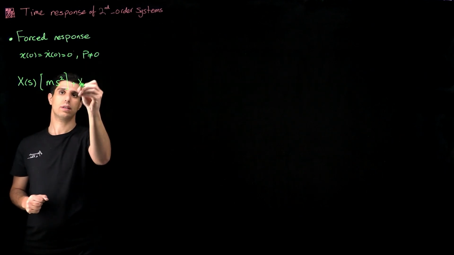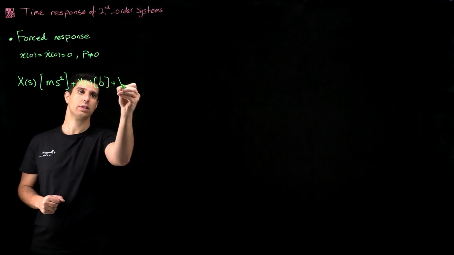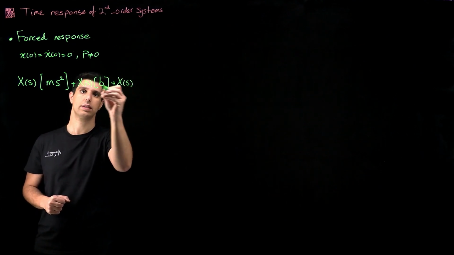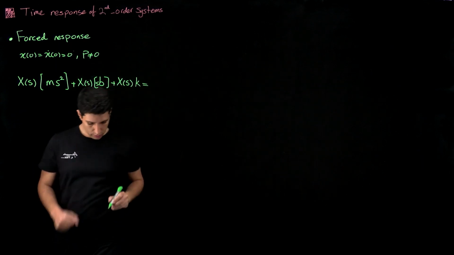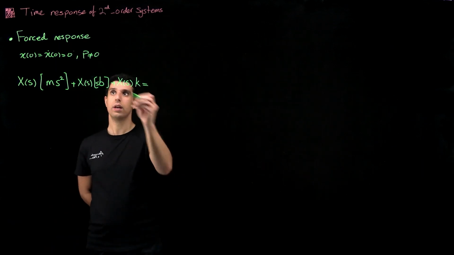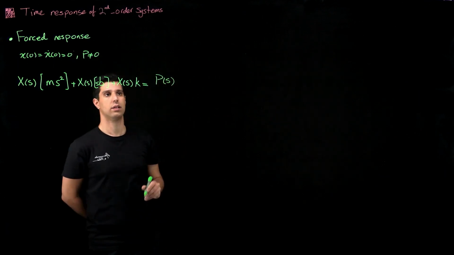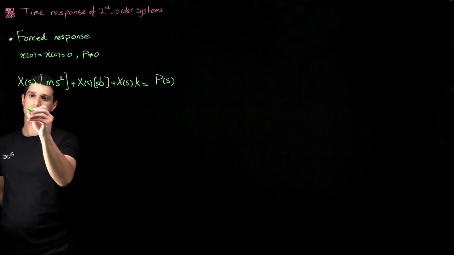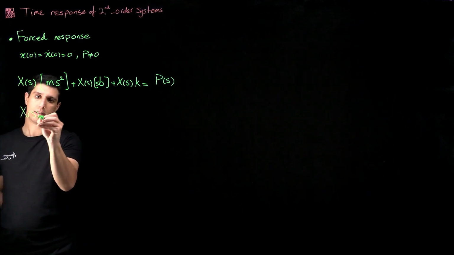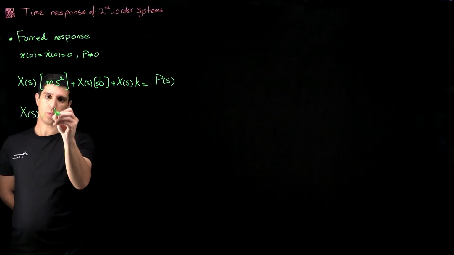Plus x of s times sb plus x of s times k equals this p of s. And if I want to rewrite this, x of s is going to be some 1 over m.